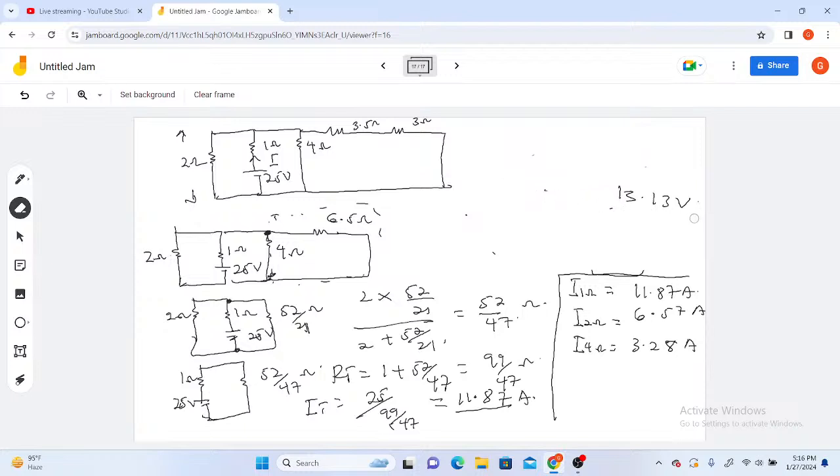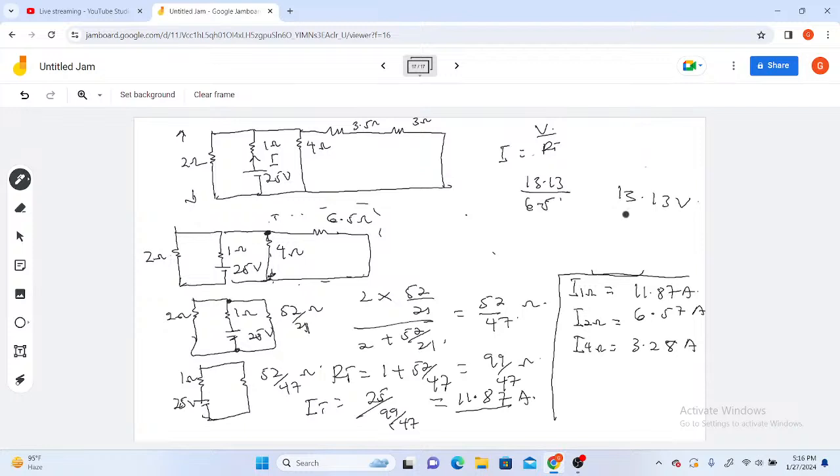So you know that this 13.13 is the residual voltage across this whole section, across this and across this, because they are in parallel and they are equal. Across 4, we got its current. Across this whole branch, if you know the voltage, to find the current you need the total resistance of that branch as well. So I is equal to V over RT, where V is the total voltage 13.13 across the two, and their total resistance is 6.5.